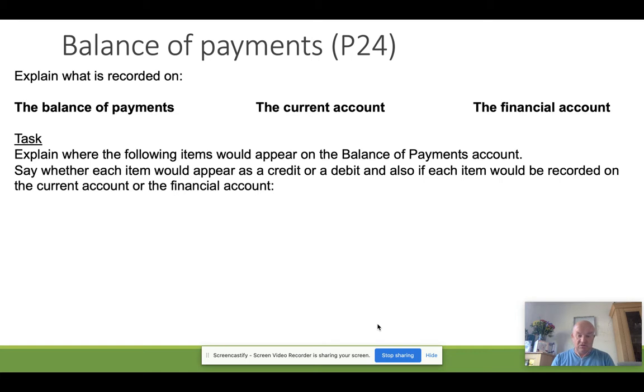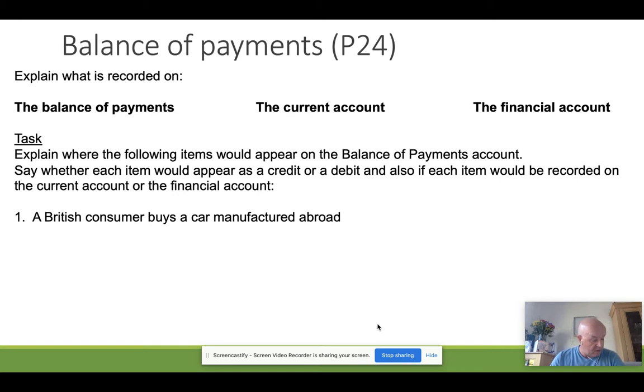You might need to look back at your notes to see what different types of transactions go where, but fundamentally we'd like you to answer those 8 examples, starting with a British consumer buying a car manufactured abroad and running through to question number 8, which is a foreign investor depositing money in a UK bank account.